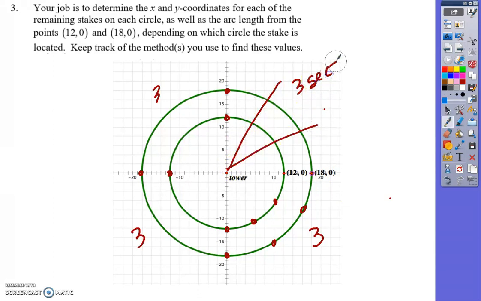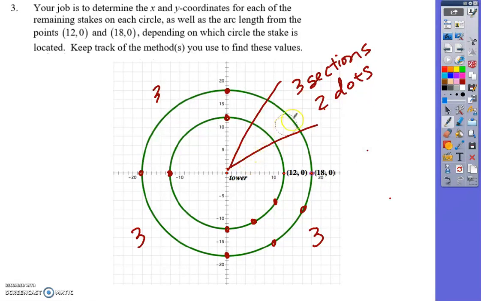Your job is to figure out where they all go and what the ordered pairs are. You're going to keep good track of this. It's going to take a while, so you're going to want to pause the video and spend the time working together, figuring out where they are, what the ordered pairs are, and how to find them.